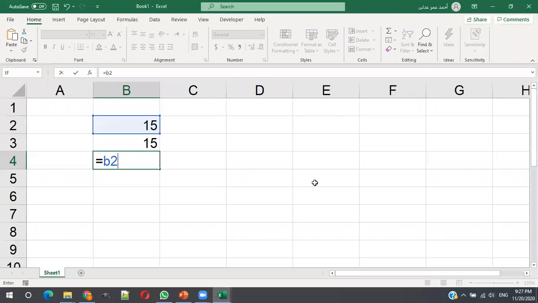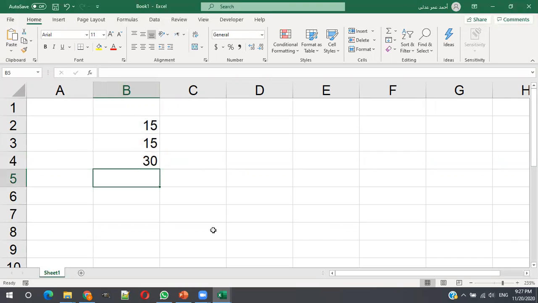Plus B3. If you can't write B3 or you don't have time to write B3, just click on it. You will see the computer writing B3. Okay. Then press enter. You will see the result.